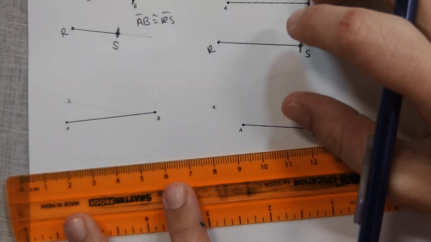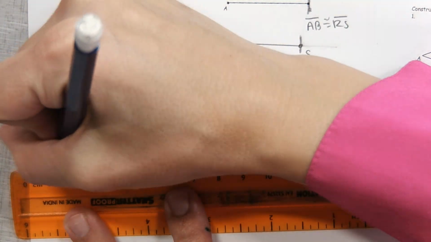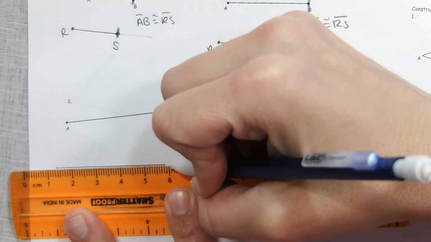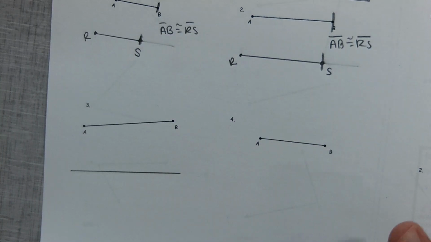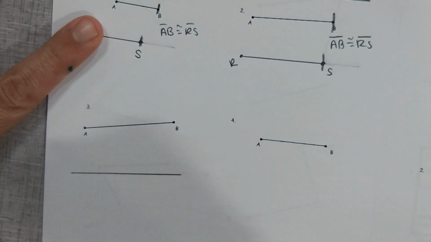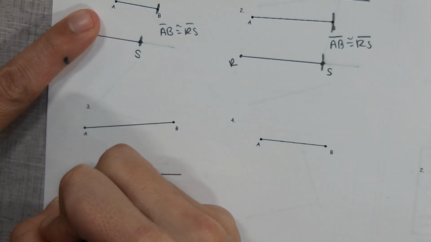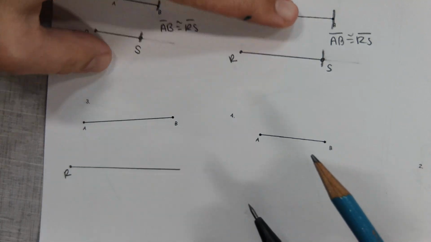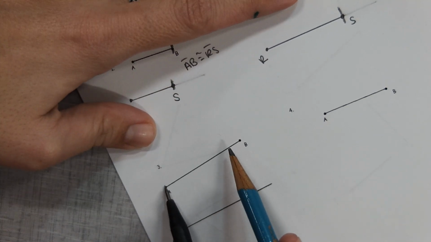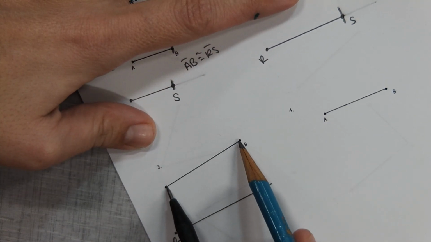So using a straight edge, make a segment longer than the original. Label the endpoint R. Then I'm going to measure from A to B, so just adjust it so it's that same length.